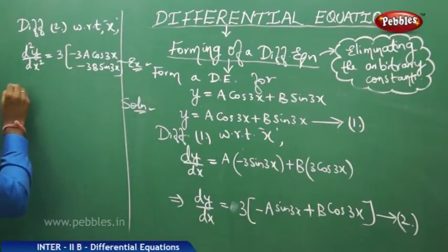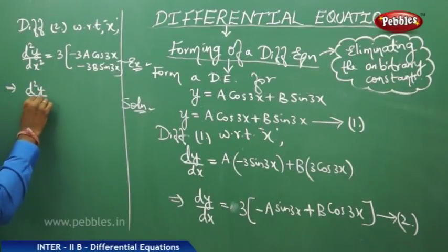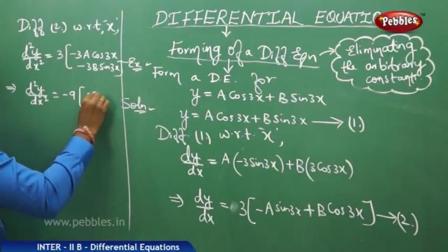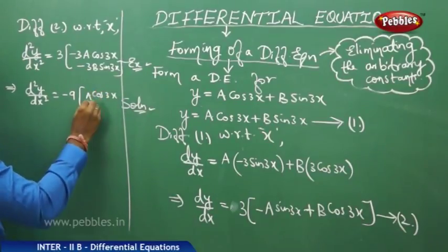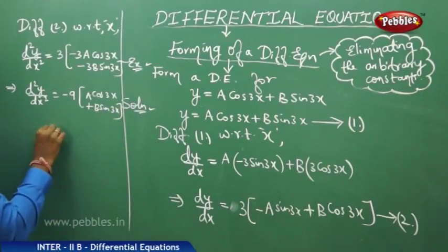That implies d squared y by dx squared, taking common, gives us minus 9 times a cos 3x plus b sin 3x.